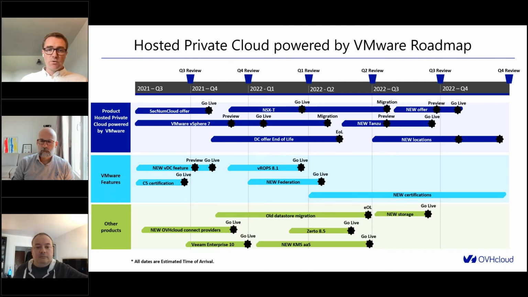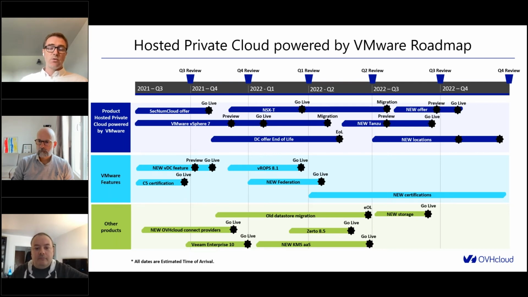So first of all, as I said, we launched the second cloud offer this year. We are working to provide VMware vSphere 7, which is a project to launch, go live early in 2022 with a preview before, and the migration plan, because it will be for the new offer firstly, and then we are going to provide features to do this migration smoothly from the previous version.